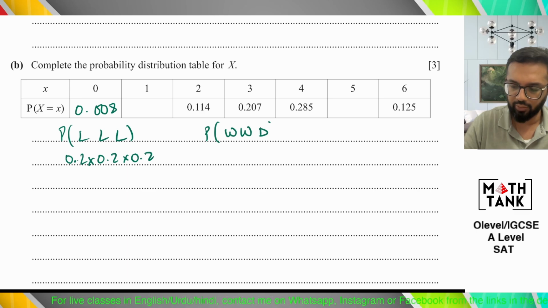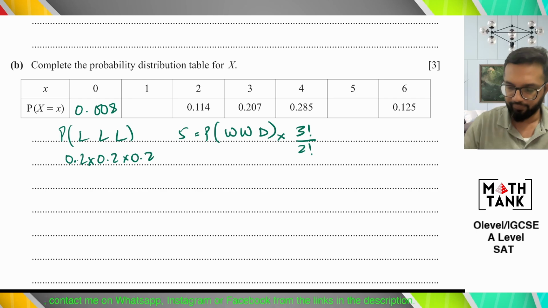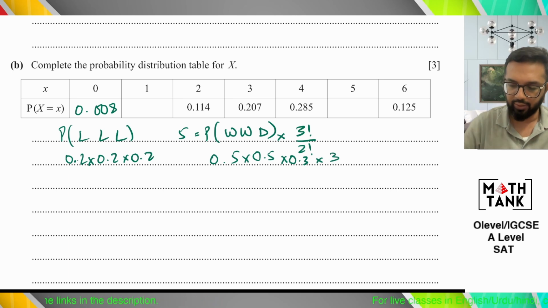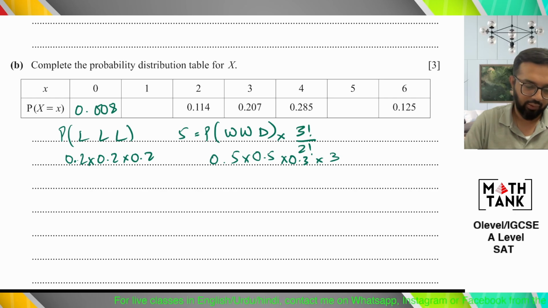So win, win, and draw gives me a score of 5. Also, that could happen in any order. So 0.5, 0.5, and 0.3 times 3 gives 0.225.